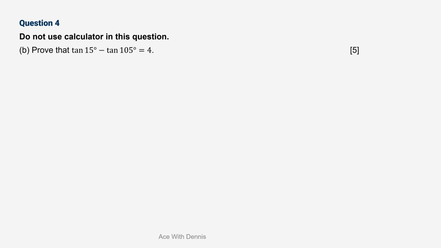B. Prove that tan 15° minus tan 105° equals 4. 5 marks. So to prove this identity, we can start from the left-hand side. So the left-hand side equals tan 15° minus tan 105°, which is tan 15° minus tan (60° plus 45°).